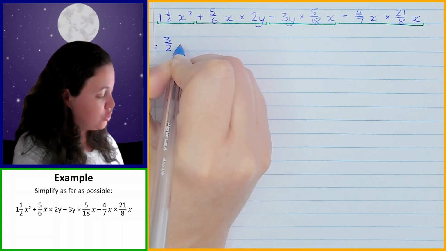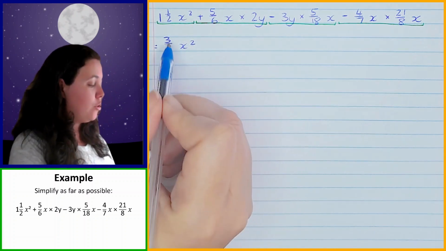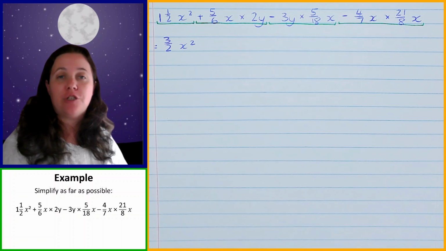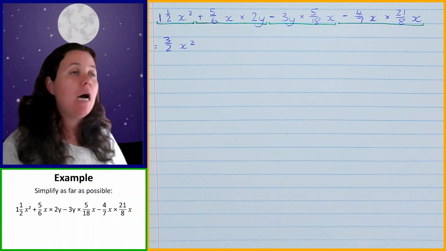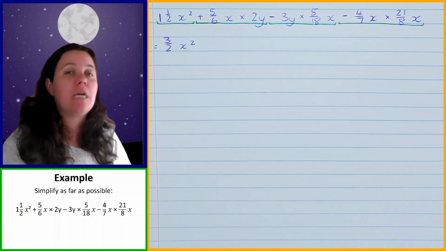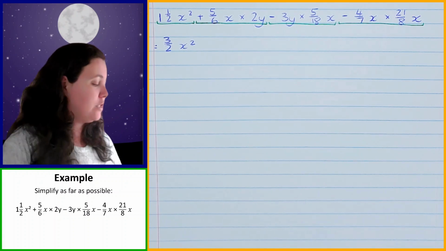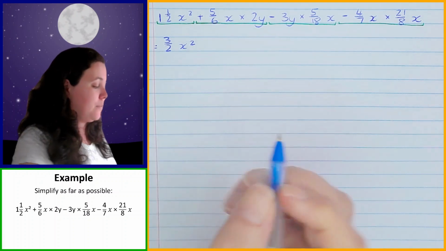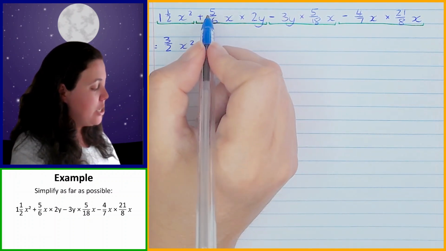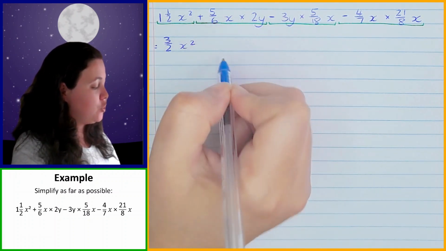So that's 3 over 2x squared. When my coefficient is a fraction, I still work with a fraction in the same way that I normally would. The fact that there's a variable after it doesn't make any difference to what I'm doing with this fraction over here.